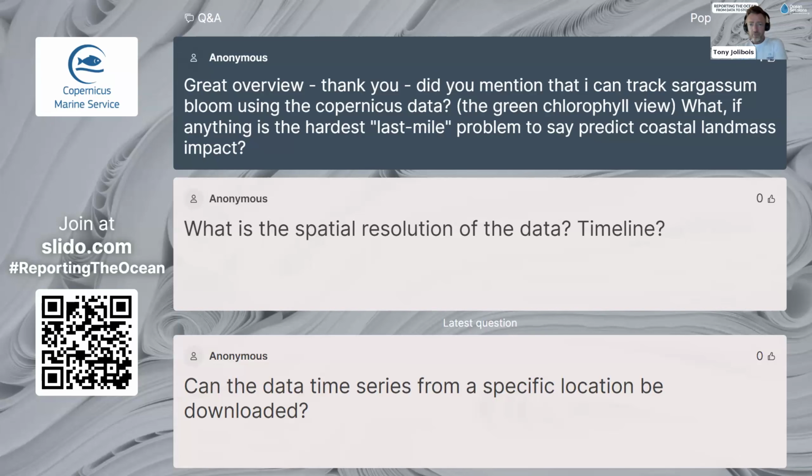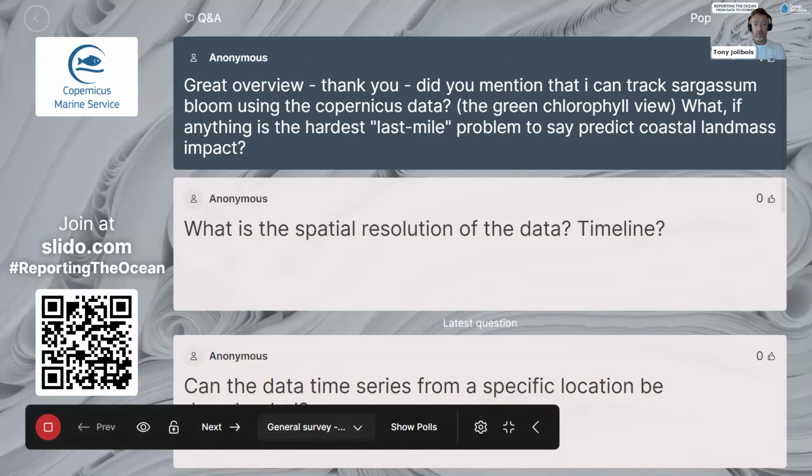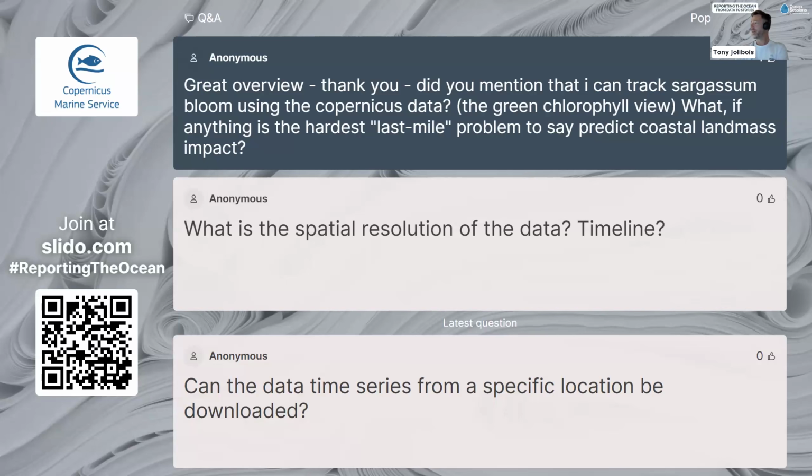Okay, so, can I track sargassum using the Copernicus data? Yes. There is a specific product that was released last spring, I think. It's available in the Copernicus Marine catalog. You have a free text search in the catalog, and you enter sargassum, and the product will appear.